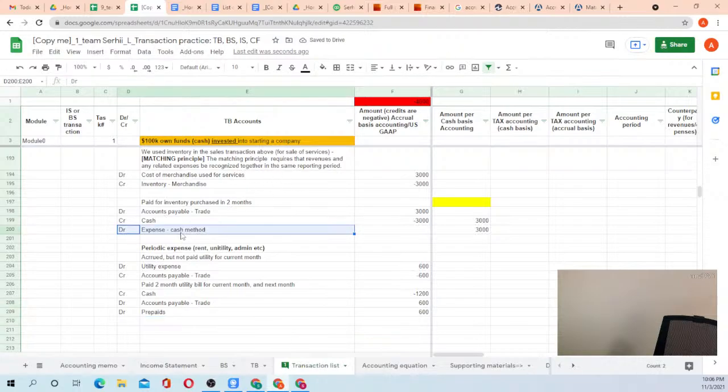I will give you a bit of a hint here. What happens with cash basis of accounting when we just accrue an expense? If we say accrue, that means that in the cash method of accounting there will be zeros. Now we have a cash impact here, so we definitely have to have something in our cash basis of accounting.